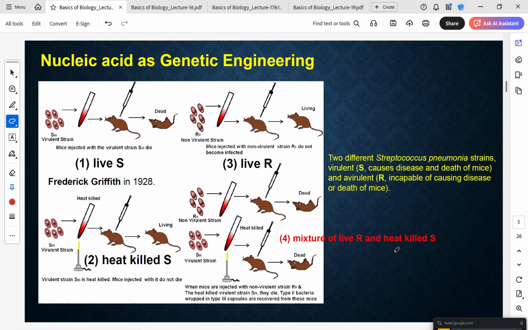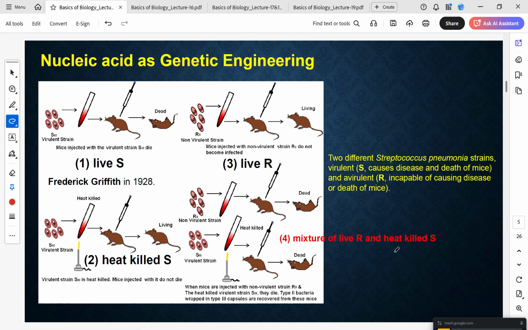Okay, so how did we come to this fact that nucleic acids are in fact the genetic material? This is what gets transferred from one generation to the next one. This was because of various experiments done. The first one was Griffith's experiment, which I'll discuss now.